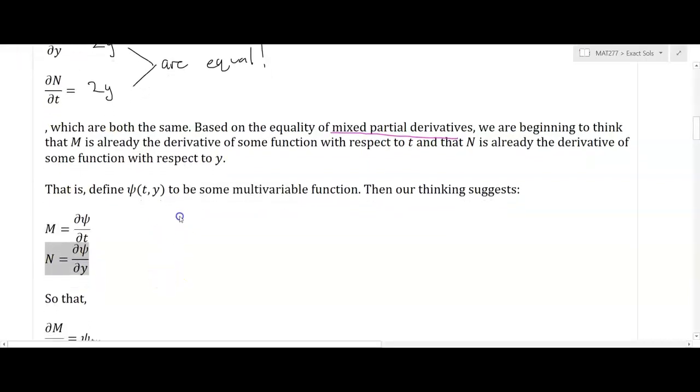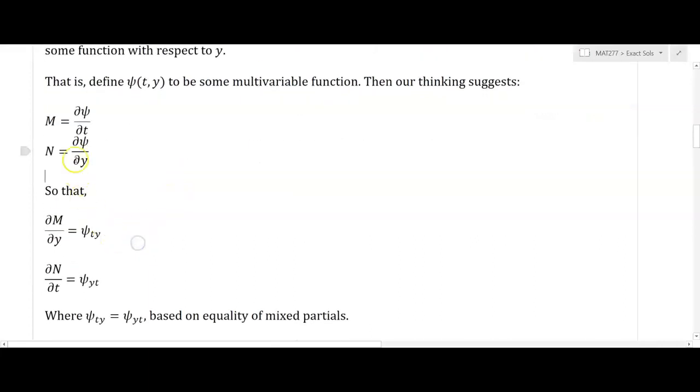Therefore, if we take the derivative of m with respect to y, well, m itself is the derivative of psi with respect to t, and therefore this comes out to be the second partial derivative of psi with respect to y and t.